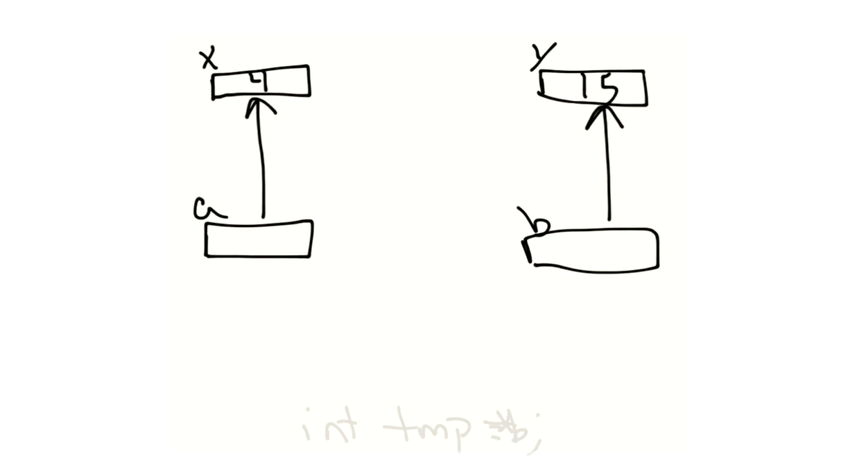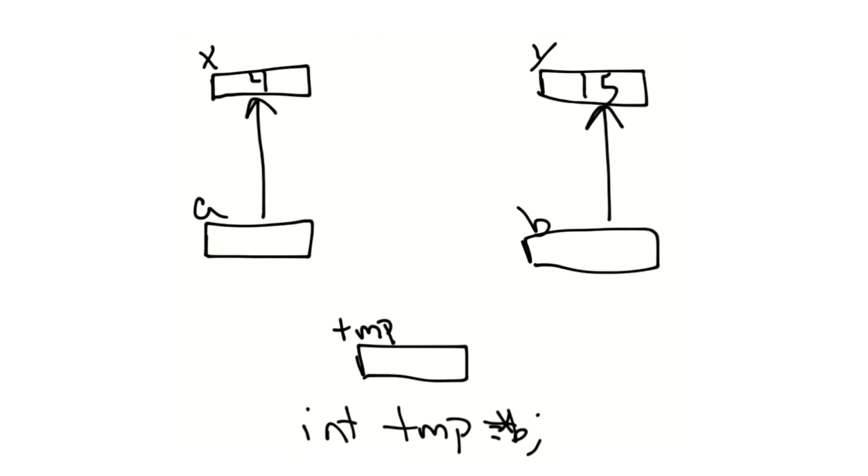A new box is created for the variable temp, and inside of it, we store the result of dereferencing b, which means follow the arrow from the box labeled b. So we store 15 inside of temp.